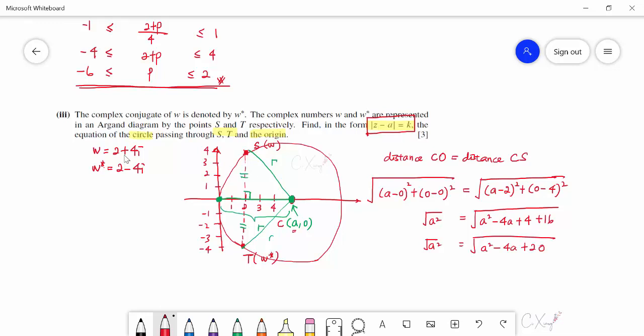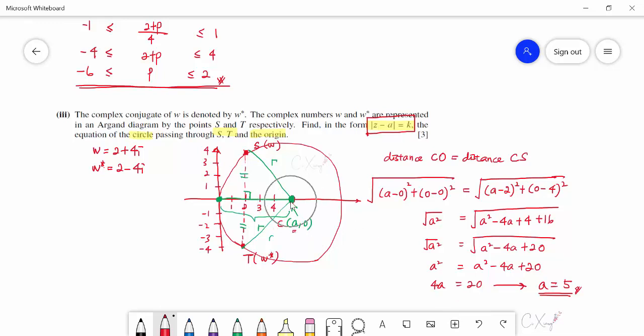So if I try to simplify all this, I will take away the square root. Then from here, very easily, you will get 4a equals 20. And after that, your a is equal to 5.